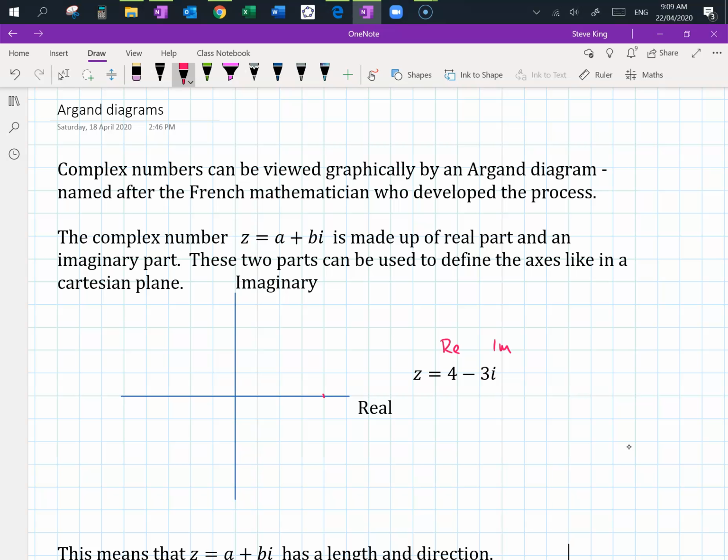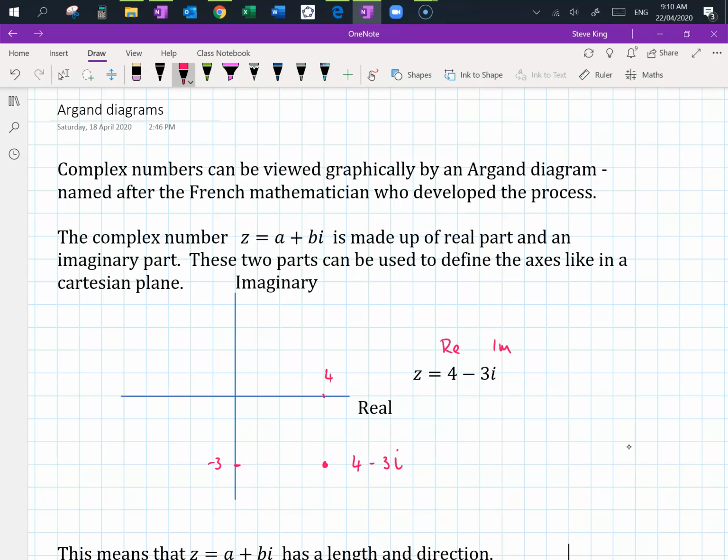And we follow the same conventions that we would follow with the normal Cartesian set of axes. Minus 3 would be below the horizontal axis. So this will go down 1, 2, 3. There's minus 3. So there's 4. Here's minus 3. And so this point over here is going to be my point for 4 minus 3i.